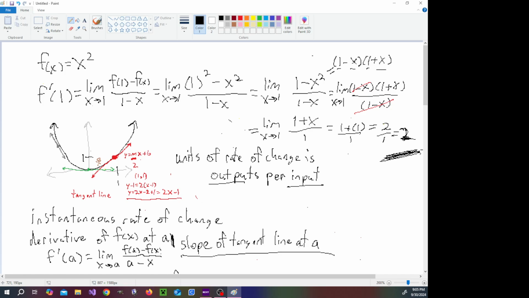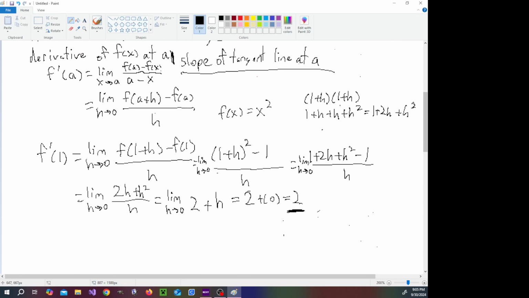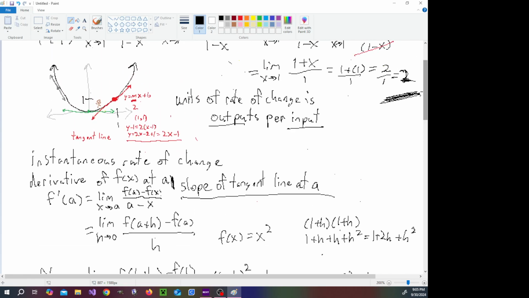But instead of having to divide these terms out, I really only expanded 1 plus h squared into this other term. Now, with a more complicated function, both of these derivatives are going to look a bit messier, but we can still use either of these formulations, or either of these formulas for our limit.